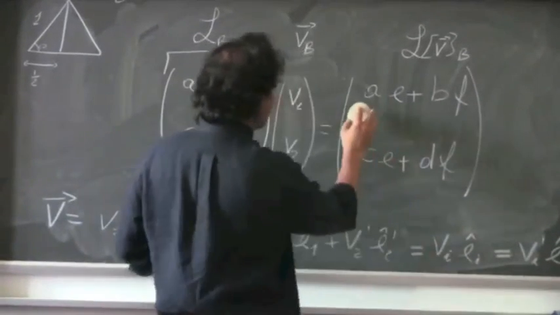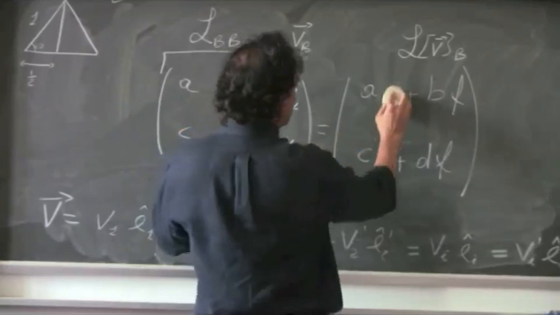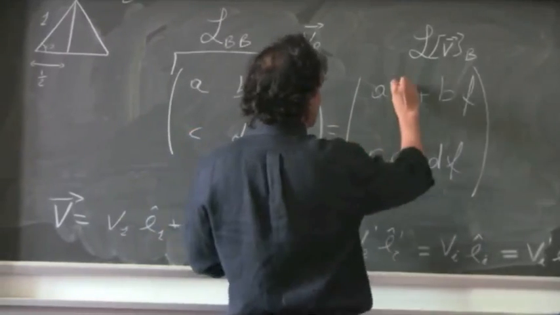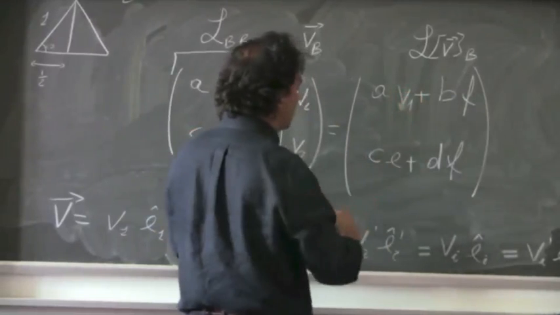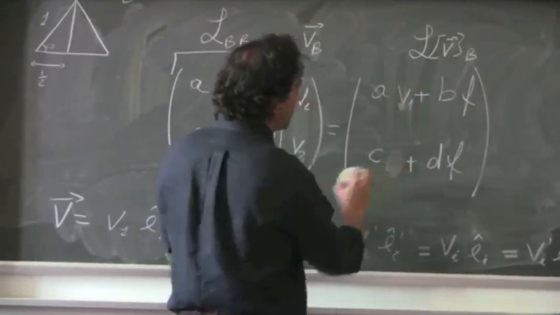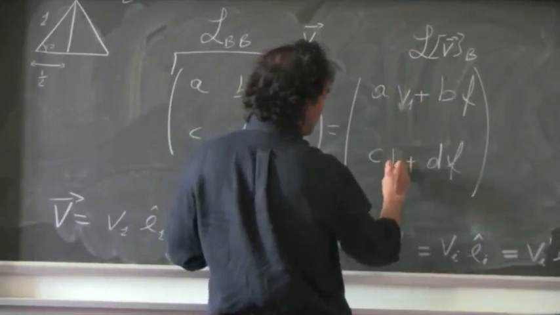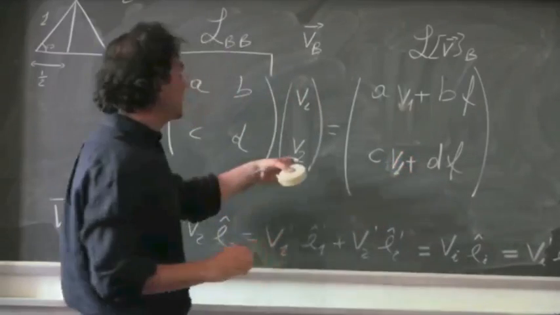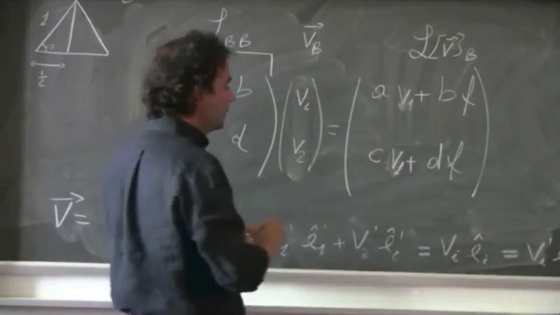So E here is V1, and instead of F, we write V2.